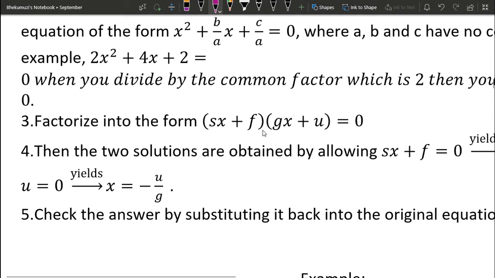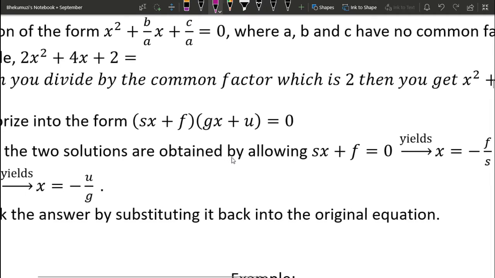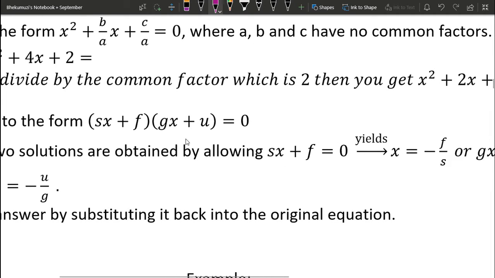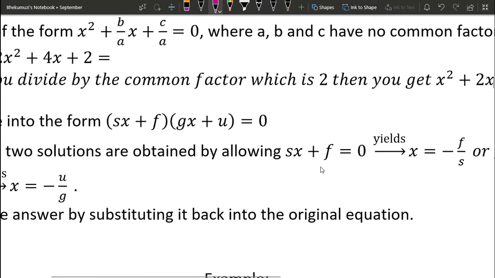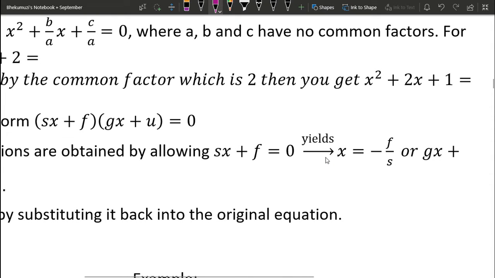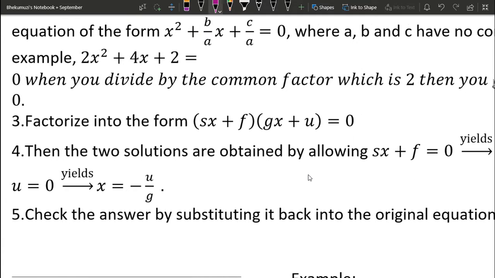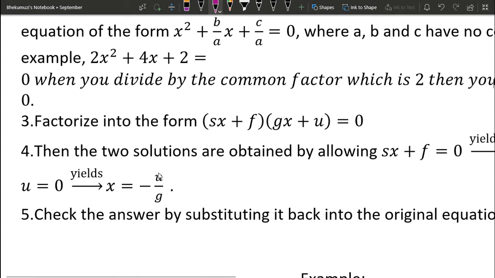Once you factorize it, it has to be in 2 brackets because it is a quadratic. Then step 4 is that the 2 solutions are obtained by letting the first bracket equal 0 and solving, and then also doing the same with the other bracket, which will also yield a solution.